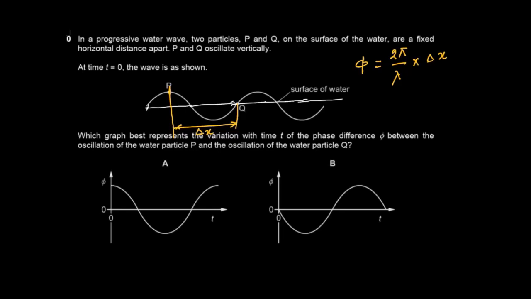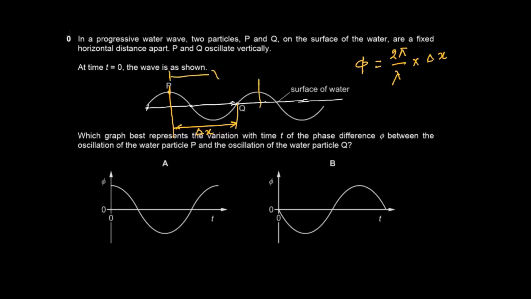Delta x is the path difference of point Q and point P. So the phase difference can be written as 2 pi upon lambda, where lambda is the wavelength.